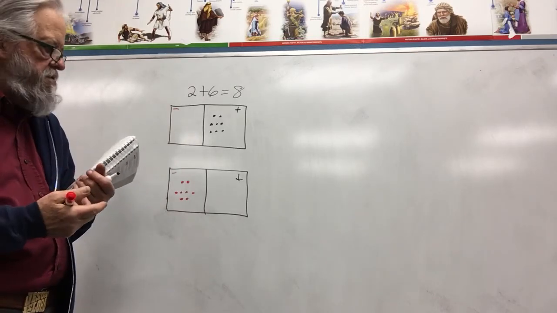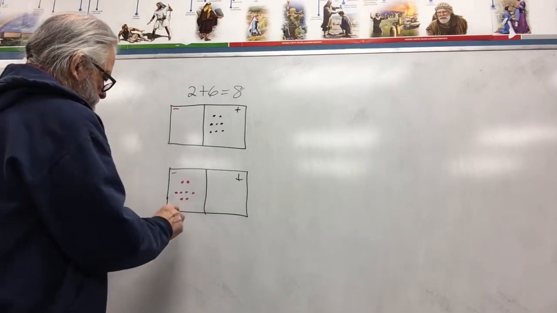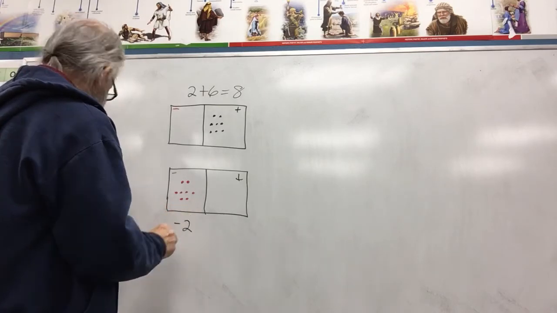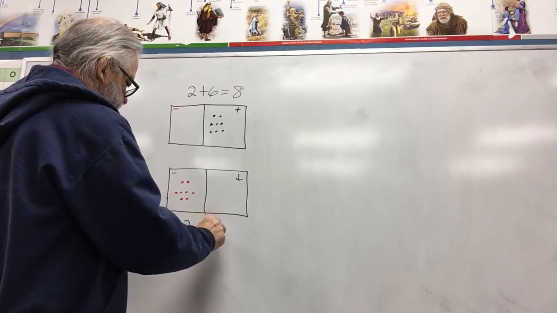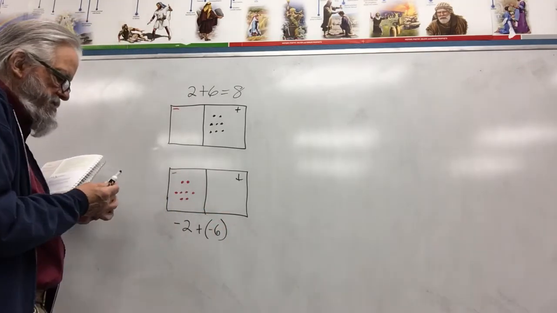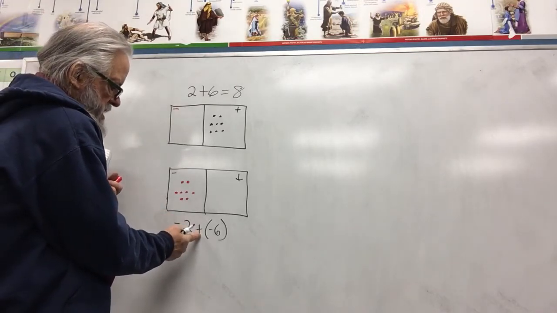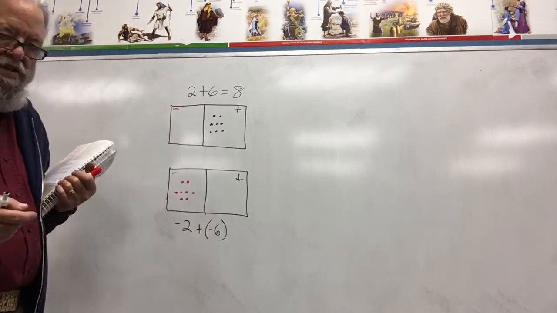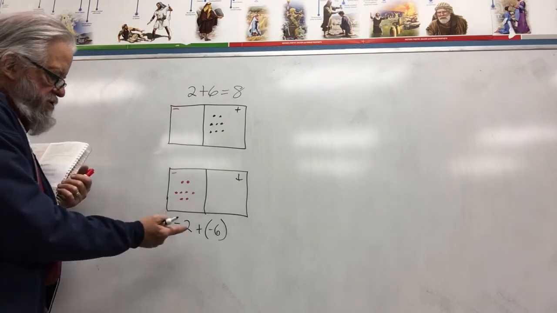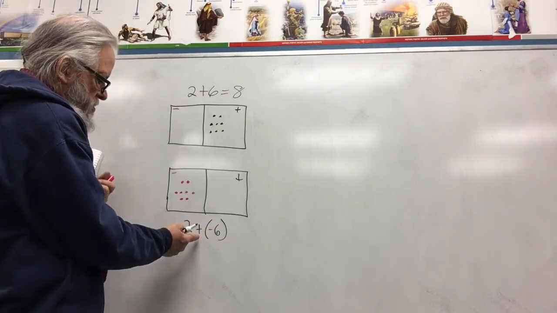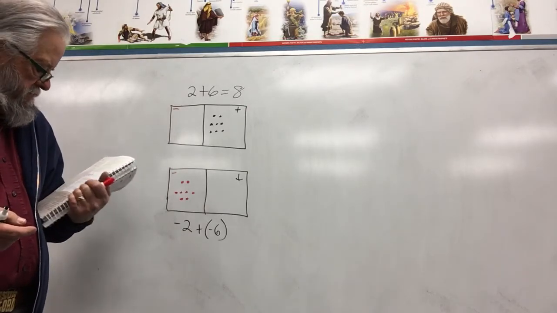We don't have any positives. So that one is the problem negative 2 plus, and notice they put the negative 6 in parentheses. The only reason they do that is, without the parentheses, you'd have a plus sign and a minus sign right next to each other. So putting the parentheses around it is just showing you this is a negative 6, and we're adding that to a negative 2. All right?